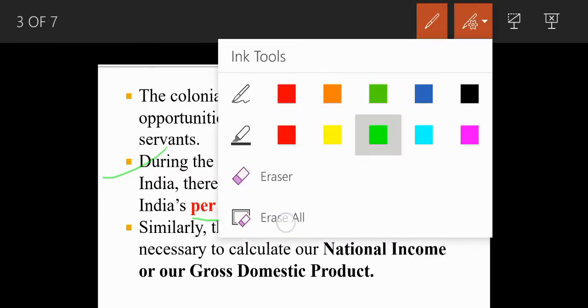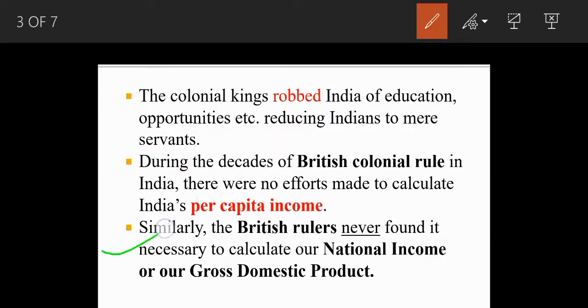Now let's move on to the third point. It says that similarly, the British rulers never found it necessary to calculate our national income, or our GDP, the gross domestic product. The British rulers never found it necessary to calculate the national income of the country, because it was all captured by them.